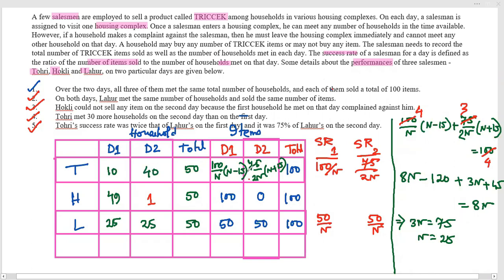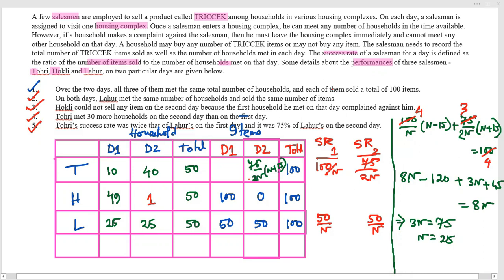Now I need to get this one, the number of items. The success rate is 4, so 4 into 10, 40 would be here. So this one would be success rate multiplied by number of households.